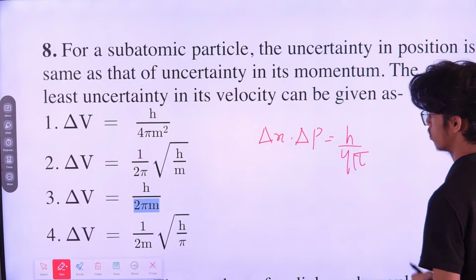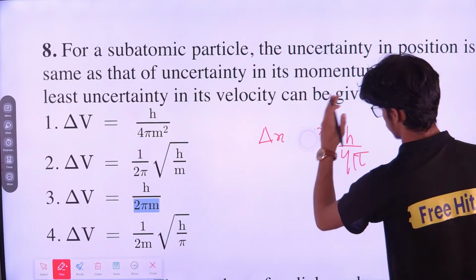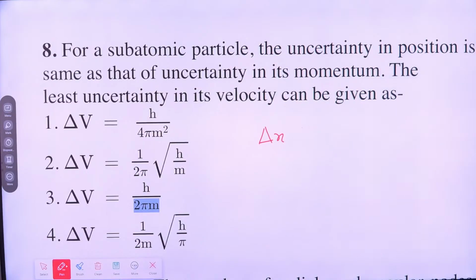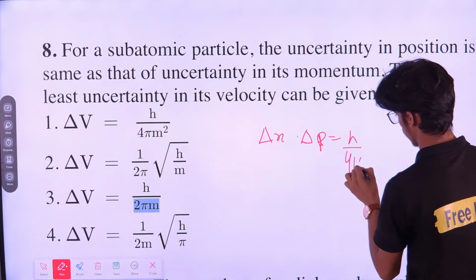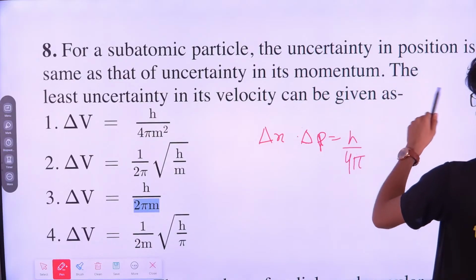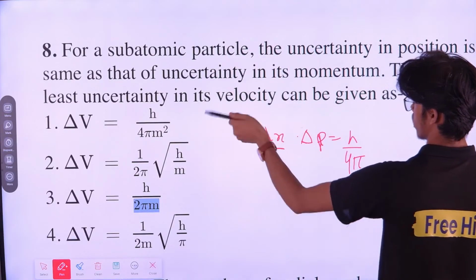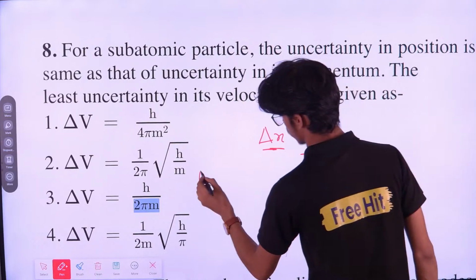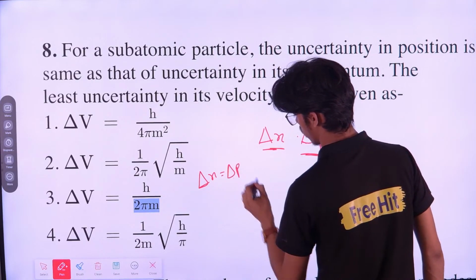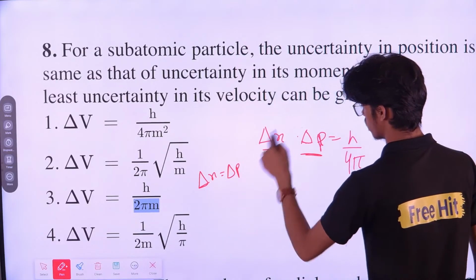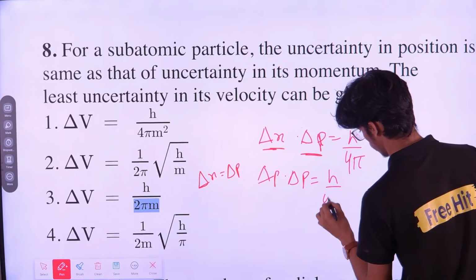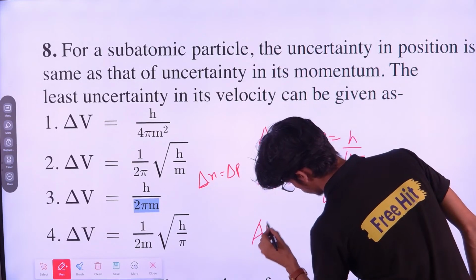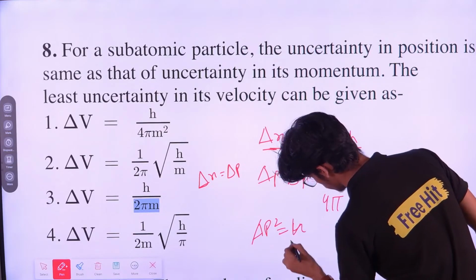Now, delta x is equal to delta p, so I put this in terms of delta p. It is delta p times delta p is equal to h by 4 pi. It means delta p whole square is equal to h by 4 pi.